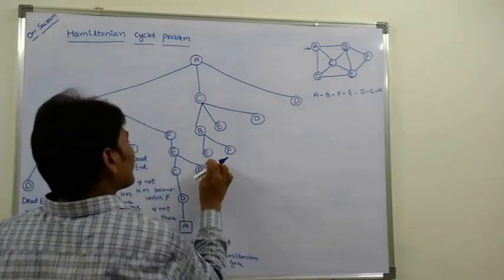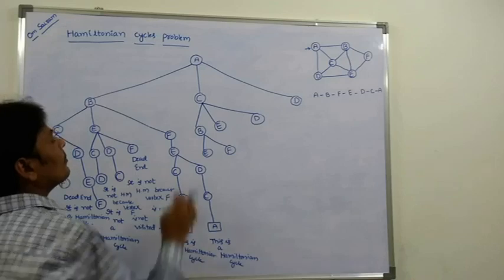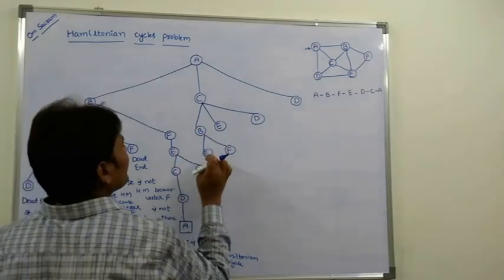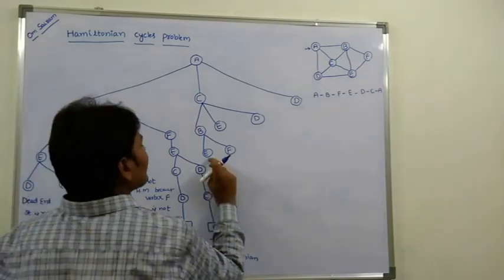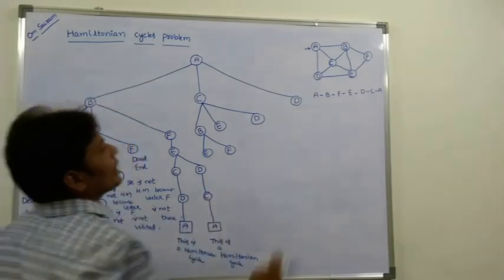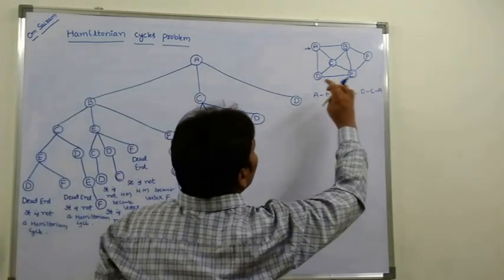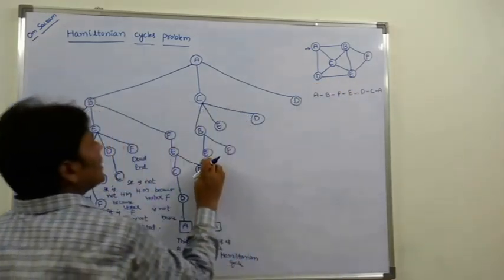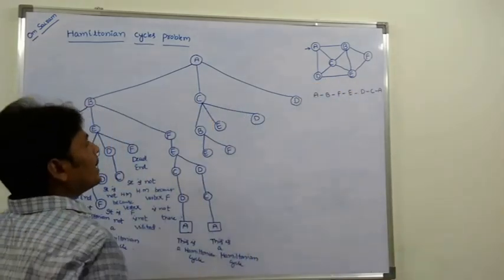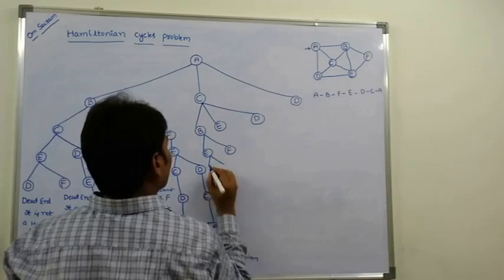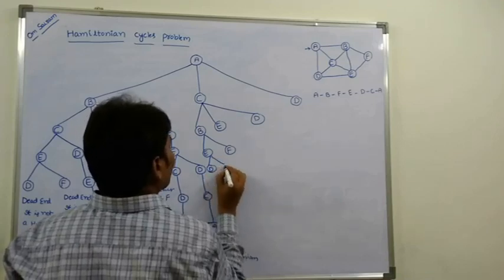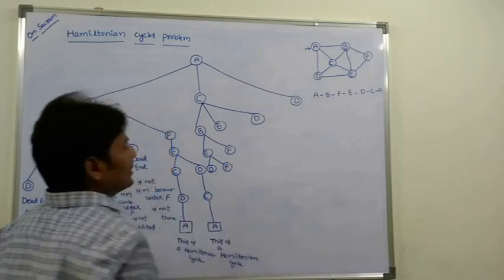Now consider the leftmost adjacent node for vertex B, which is vertex E. What are the adjacent nodes for vertex E? B, C, D, F. B and C are already completed. Only D and F are not visited.